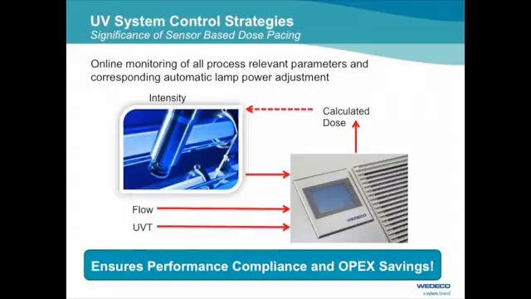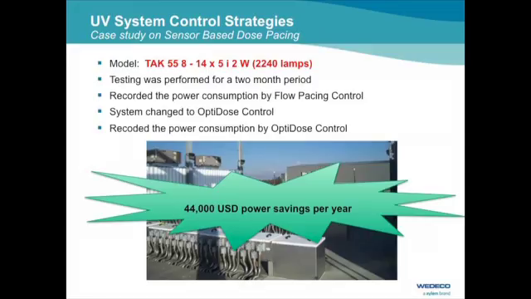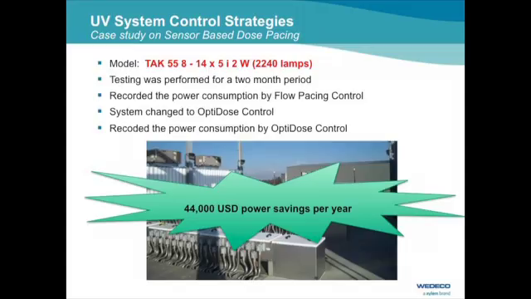And therefore, by such an intelligent control, you can have performance compliance and generate OPEX savings. There's, for instance, an example from the US where we have a system installed more than 10 years ago, and where we applied this new dosing control philosophy, and the operators were quite happy because they could save a whole lot of money because of changes to this intelligent control.